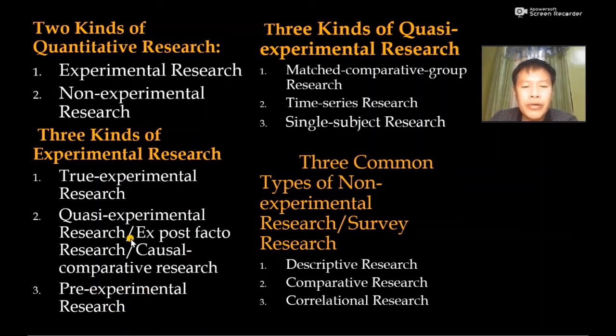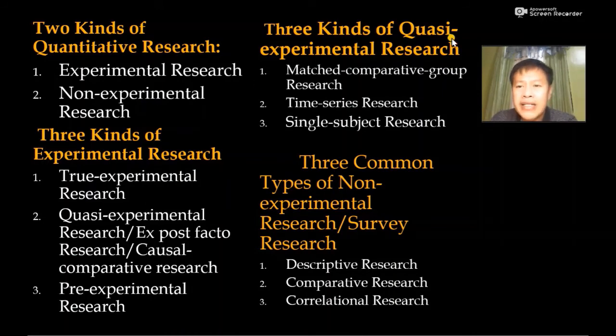I am not going to explain the differences of these 3 kinds of experimental research because we have a separate video presentation about the natures of these 3 kinds of experimental research. At least you are acquainted with the 3 kinds of experimental research and the 2 kinds of quantitative research.